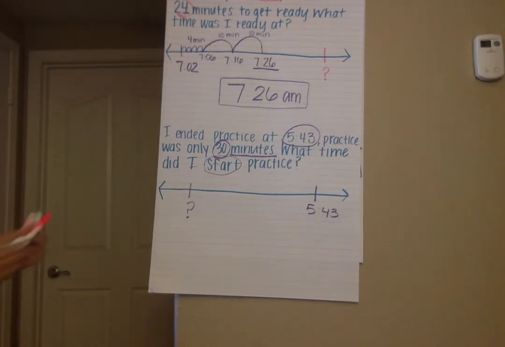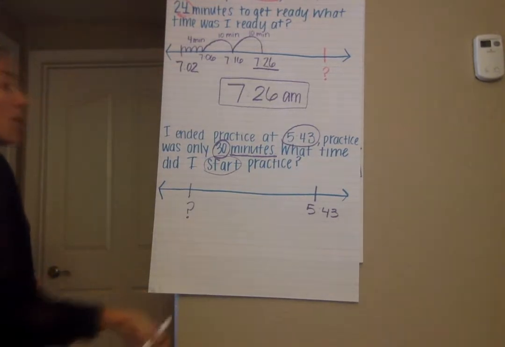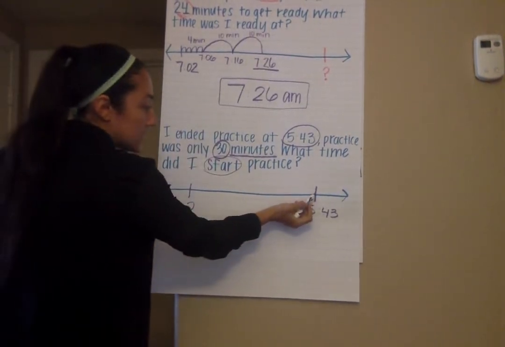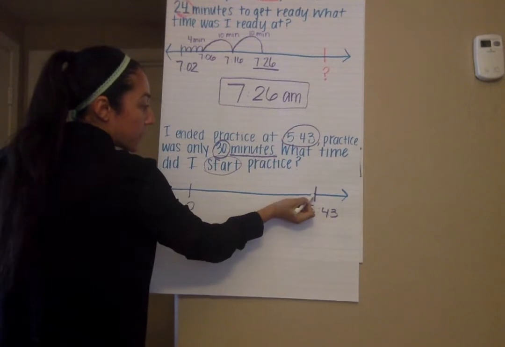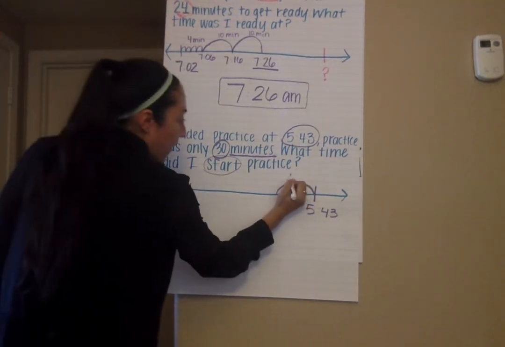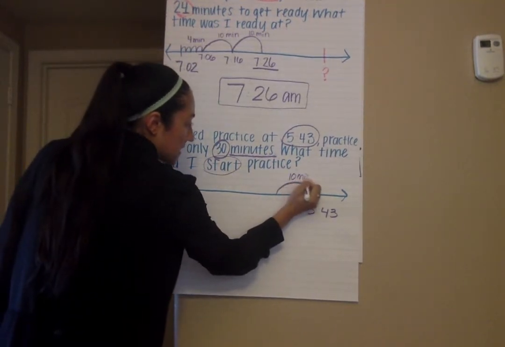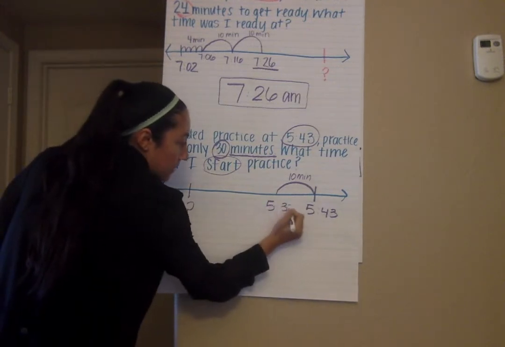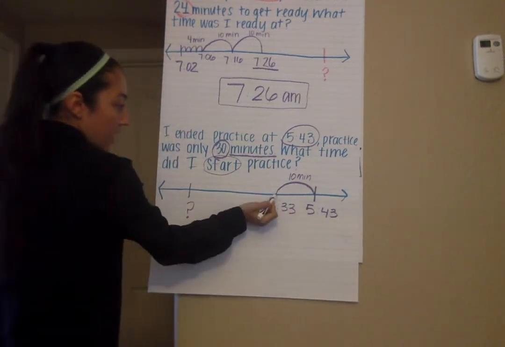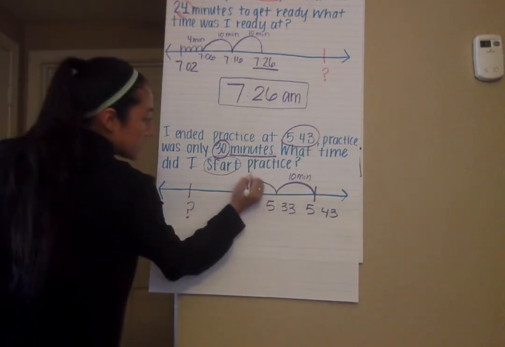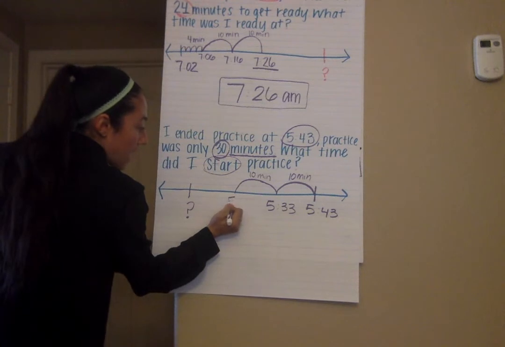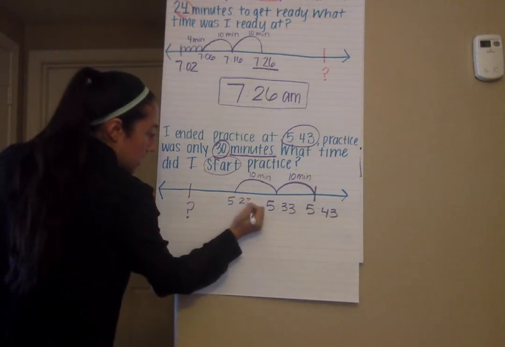So this time I am going to go back 30 minutes, but I'm going to jump by tens. So from 5:43, if I went back 10 minutes, that would be 5:33. Another 10 minutes would be 5:23.